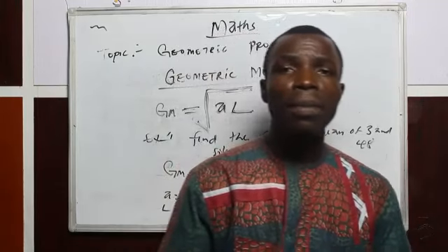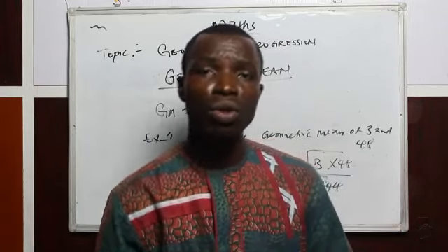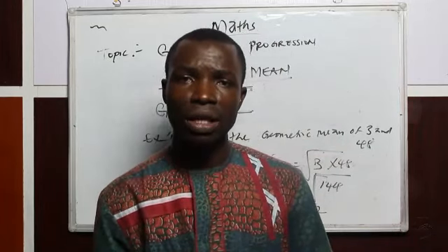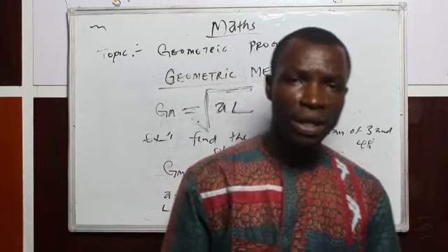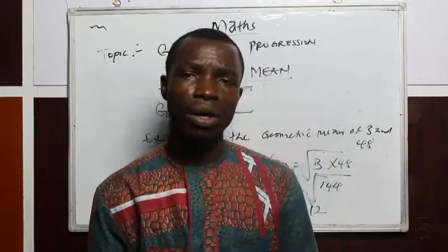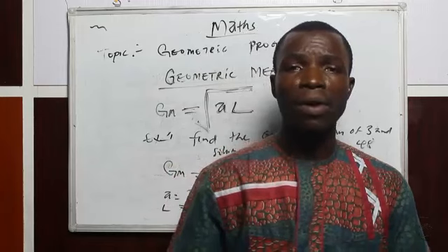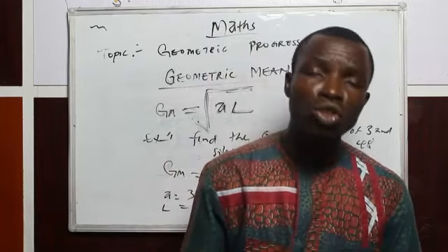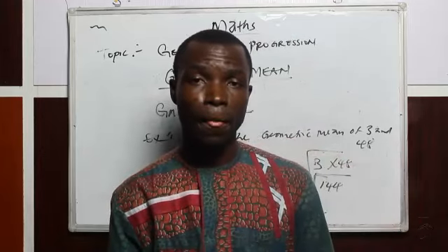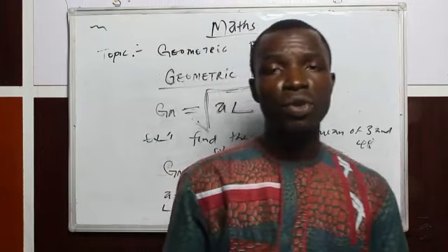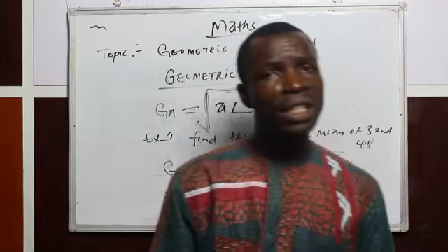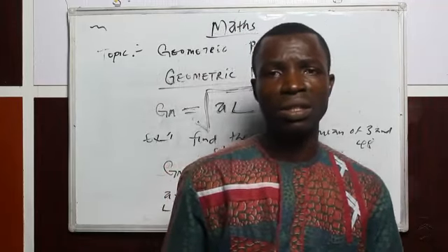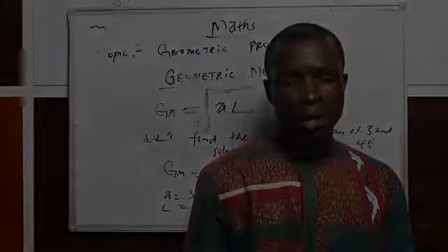Now, the nth term of a geometric progression is equal to Tn equal to A R raised to power n minus 1, knowing fully well our A is the first term, our n is the number of the term. Please don't be confused about the sum of geometric progression and the nth term. They are different. Now, solve these few evaluations so as to know the way we understood geometric progressions in terms of their geometric mean.